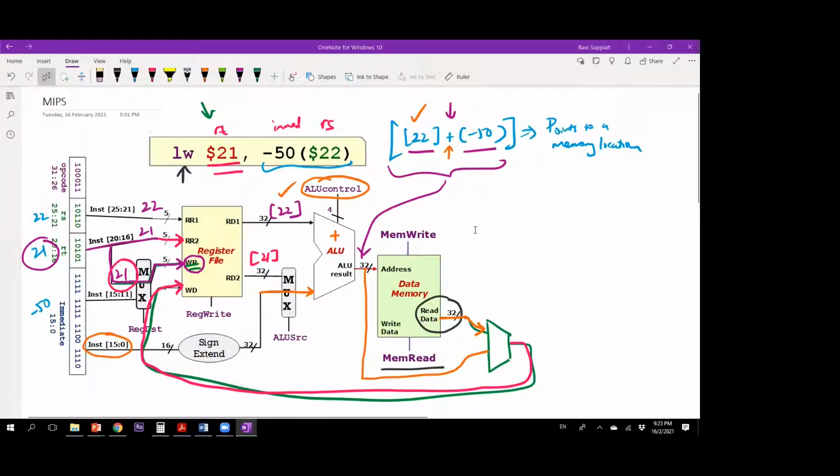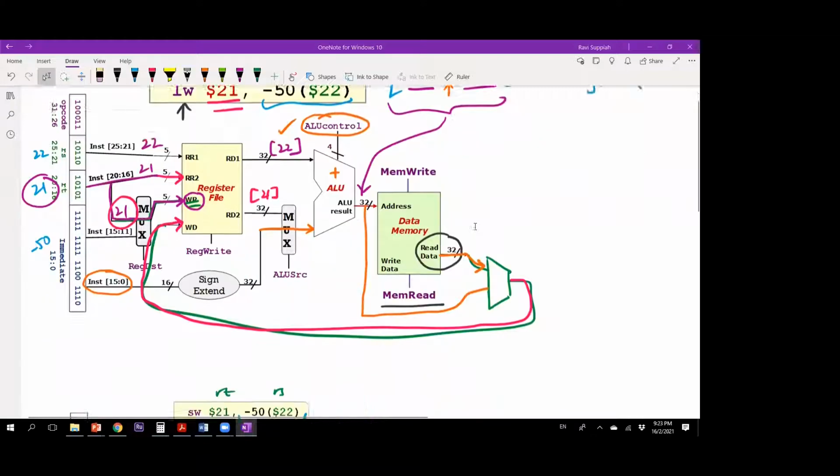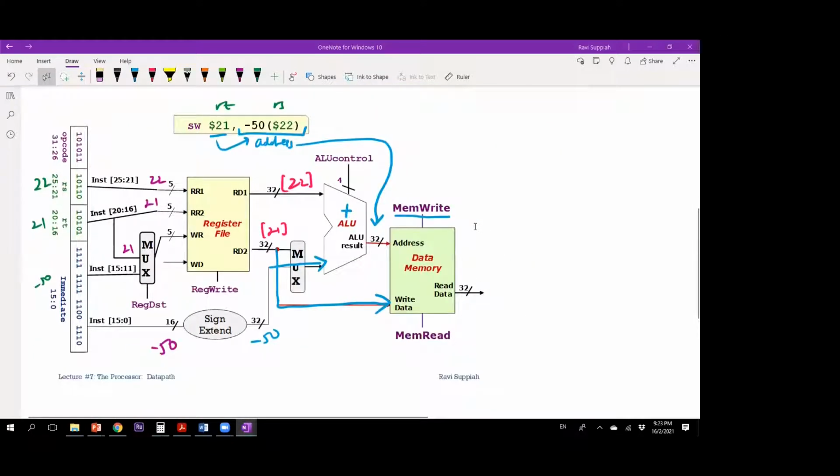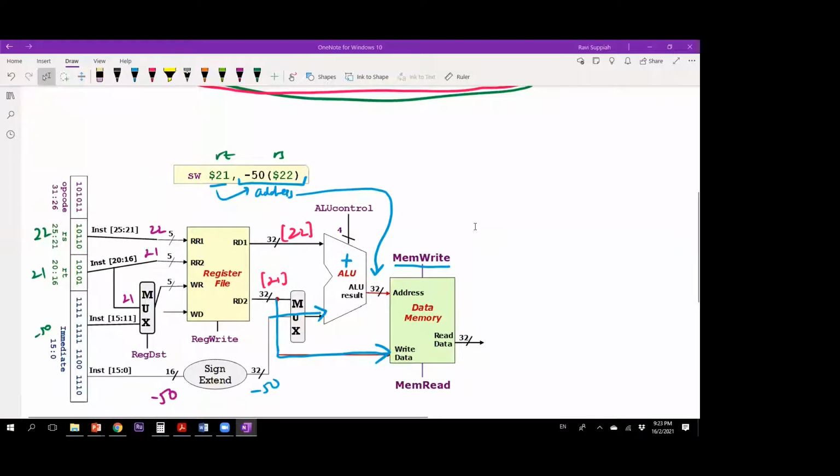Yeah, so if you look here, the write register and write data are still specified by the same bits, which is 20 to 16 over here.